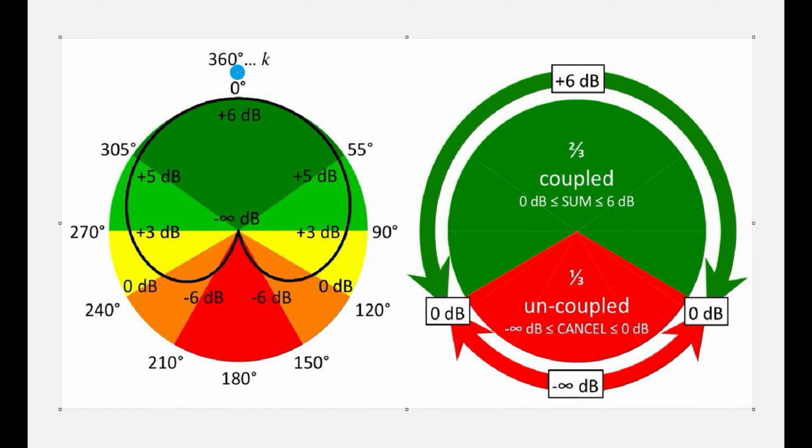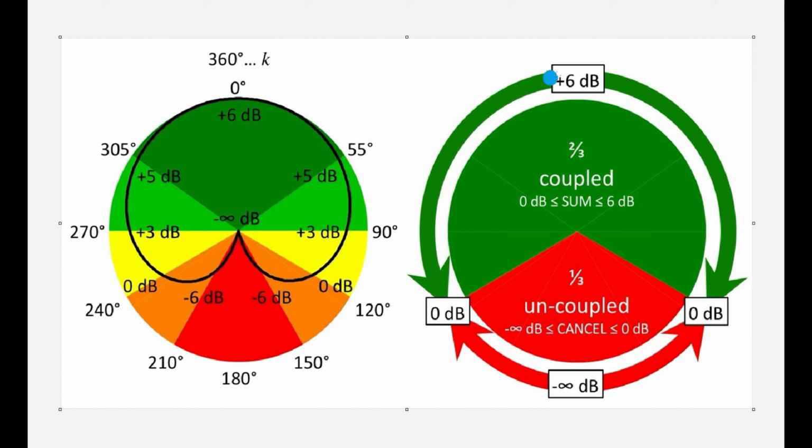So if something is 90 degrees out of phase, then we're going to read the chart here. If it's 180 degrees out of phase, then the chart's over here, and so on and so forth, right? And then the different colours indicate whether we get summation or cancellation, right? So the hot, warm colours are more cancellation, and the cooler colours are summation.